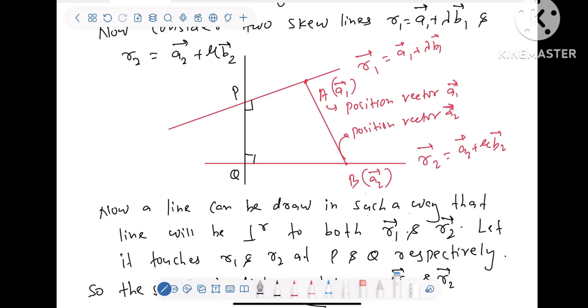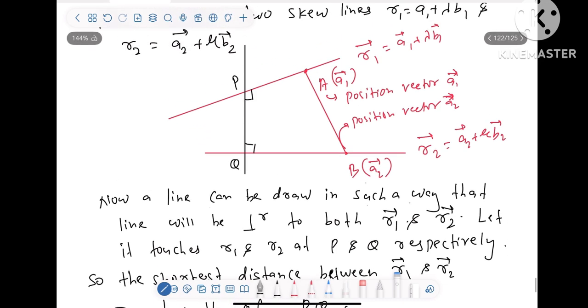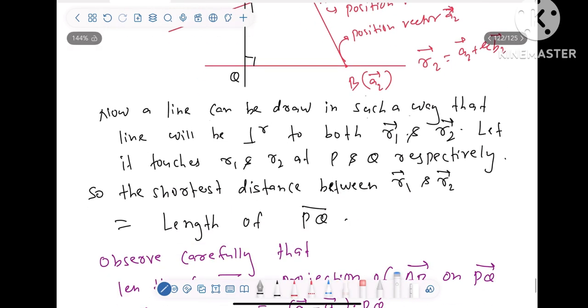That line touches r1 at P and r2 at Q. Now this PQ will be the shortest distance between r1 and r2. So our aim is to find the length of PQ. The shortest distance between r1 and r2 is the length of PQ.